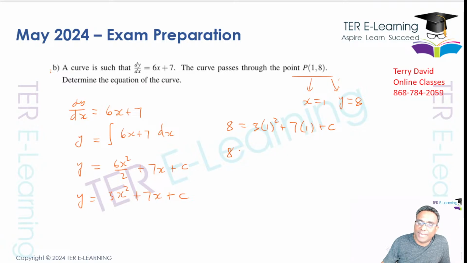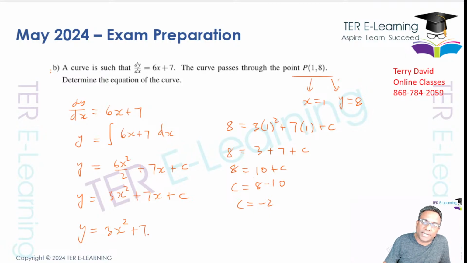So 8 is equal to 3 plus 7 plus c, so 8 is equal to 10 plus c. Therefore c is equal to 8 minus 10, so c is equal to minus 2. So the equation of the curve is y is equal to 3x squared plus 7x minus 2.